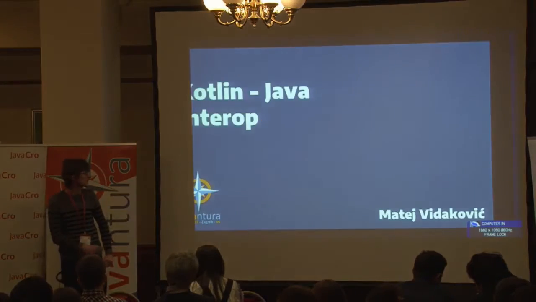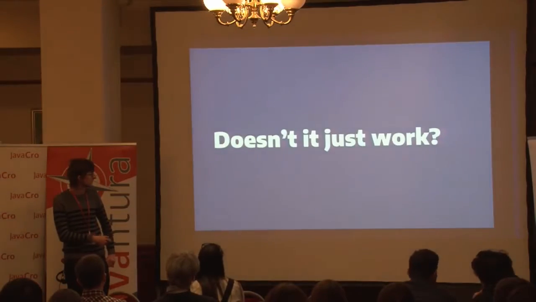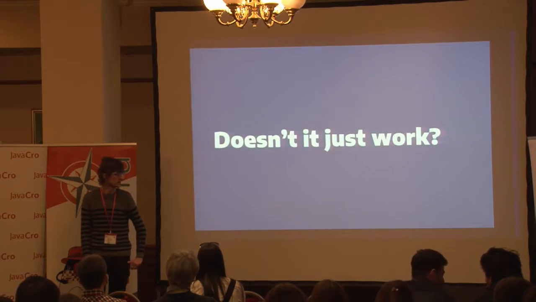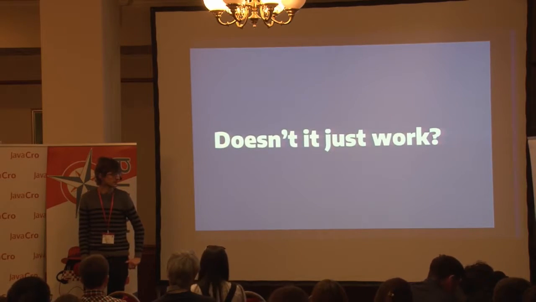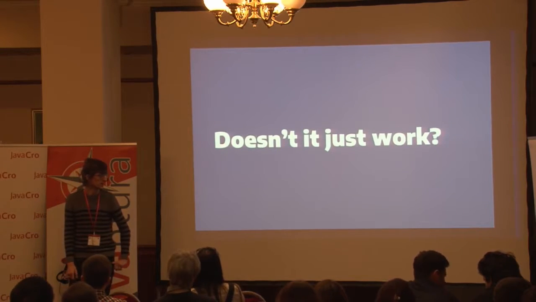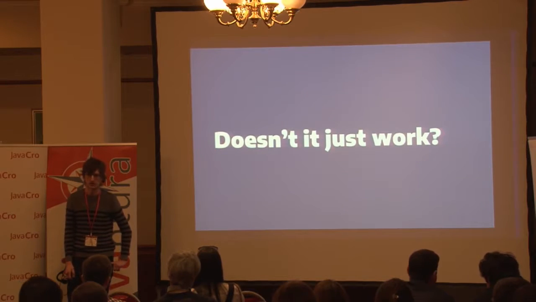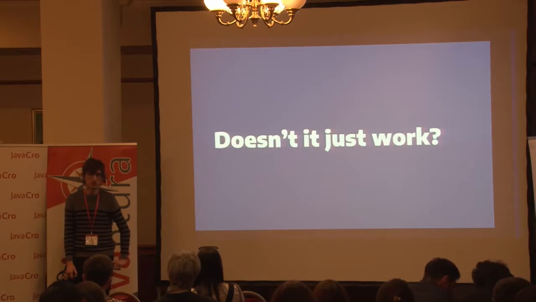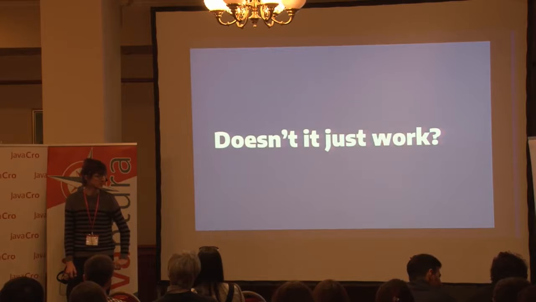I guess we can continue. So the first slide would be just one sentence: doesn't it just work? You've all heard how Kotlin brags about Java interoperability and that you can just start using Java libraries in Kotlin and call Kotlin from Java, and most of the time it just works nicely, but especially when using Kotlin code in Java, you'll need to make some changes to make the Java code look nicer.